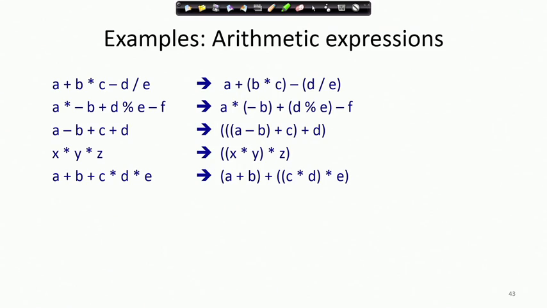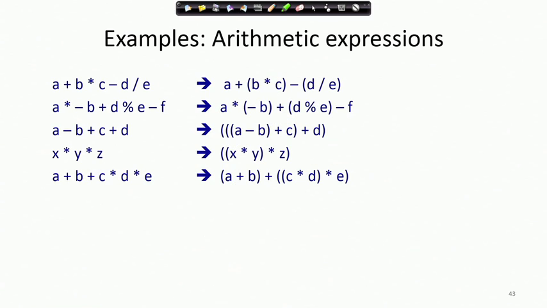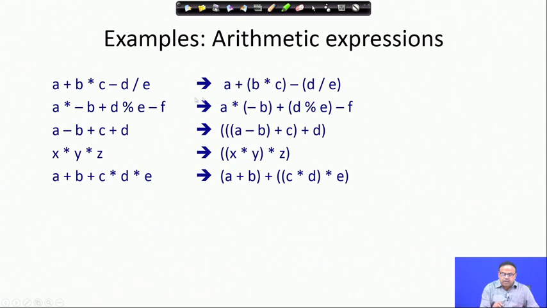There is a chance of confusion. Somebody could have done A plus B and the whole thing multiplied by C, etc. Even in school level, in order to avoid such confusions, we use parenthesis, and this is equivalent to this scenario, that B and C are parenthesized and D divided by E are parenthesized.